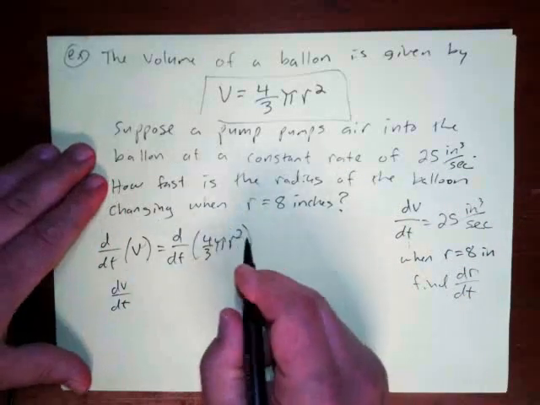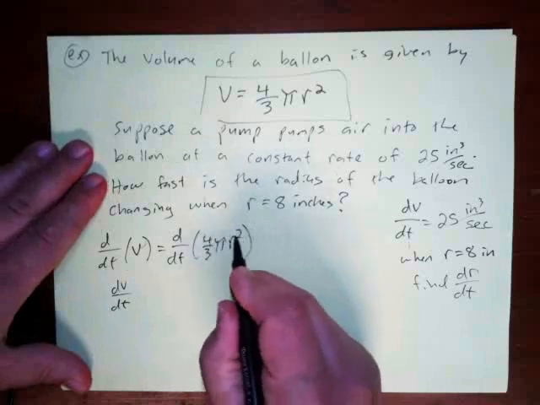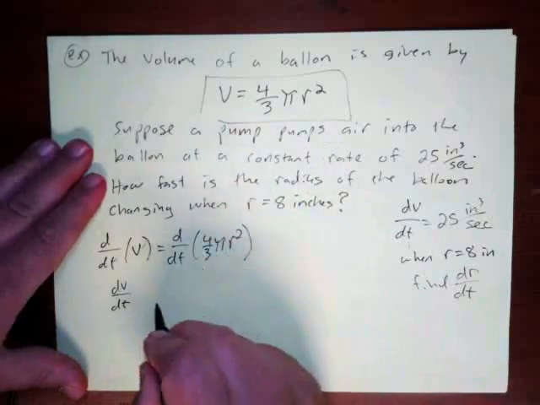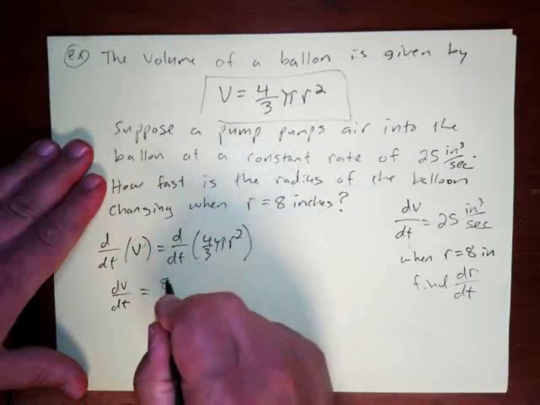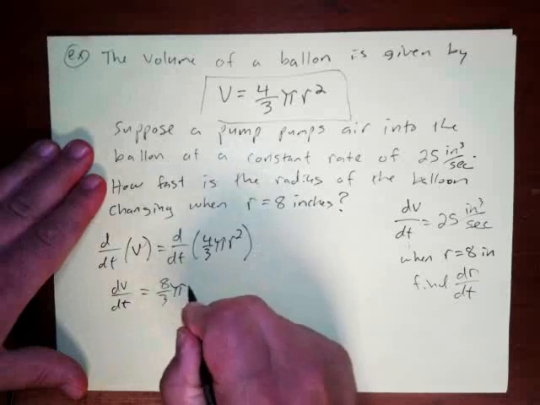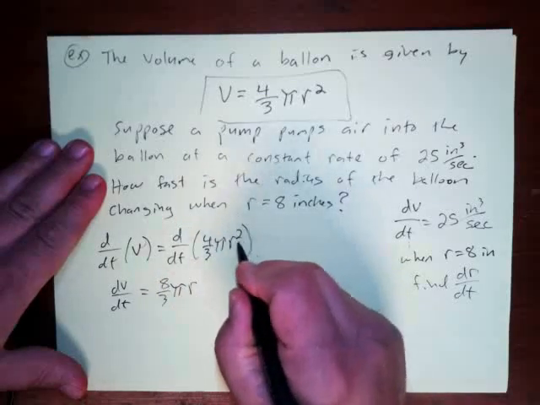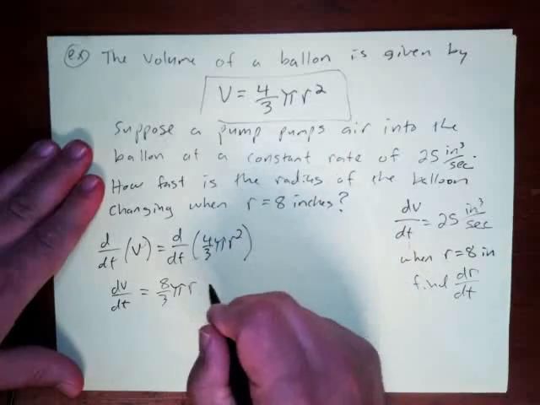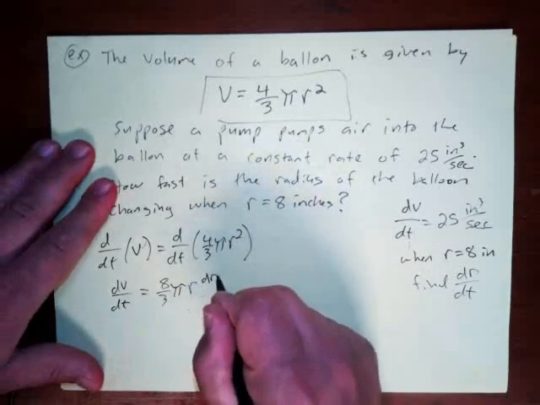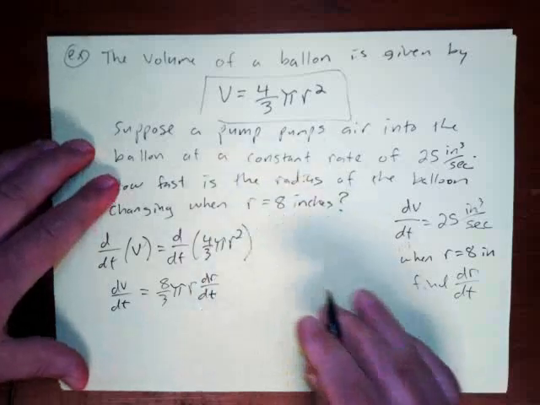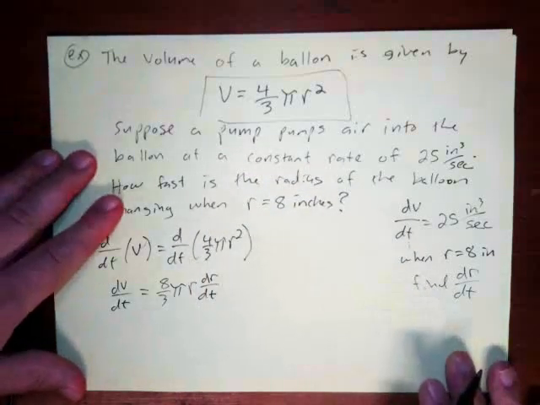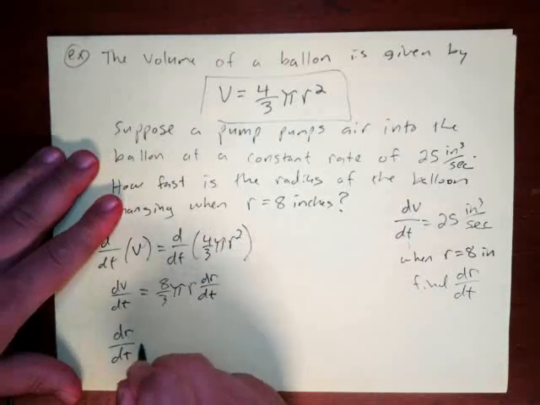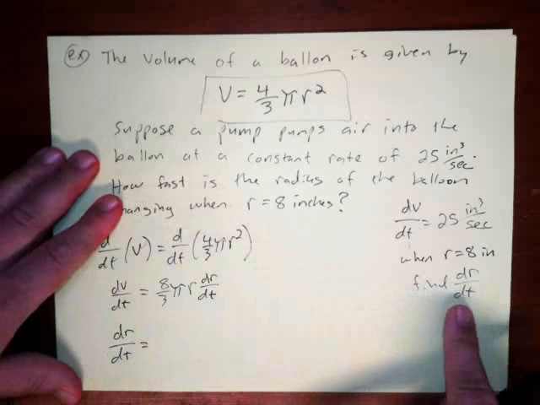So I'm going to use implicit differentiation with respect to t. So bring the power down, and I get 4 pi r squared, because I bring the 3 down and subtract 1 from the exponent. But then I have to multiply by the derivative of r with respect to t, which is just dr/dt. So it looks like that. And now I can solve for dr/dt, because that's what I want to find, the rate of change of the radius.